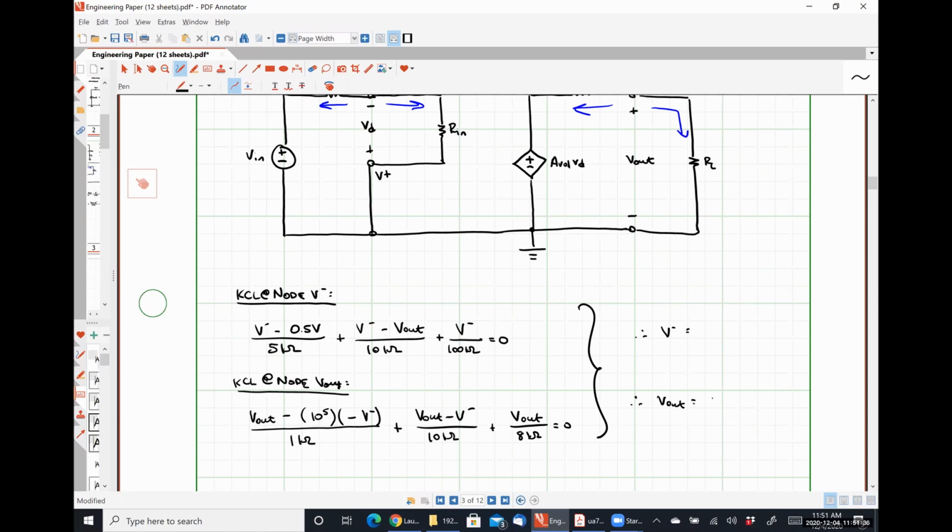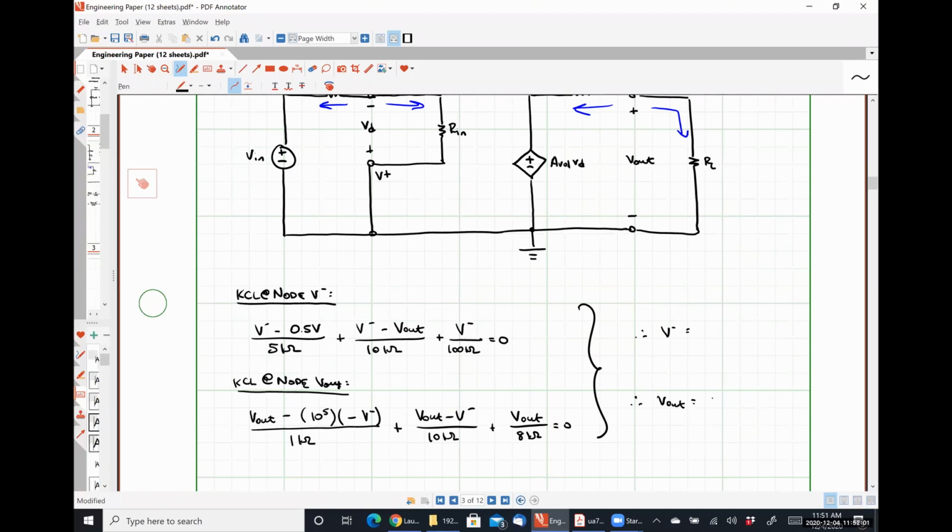And my constant term is going to be 1/2 volt divided by 5,000. For my next equation, 10 to the 5 is 100,000.